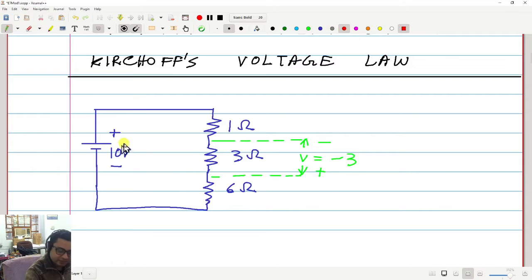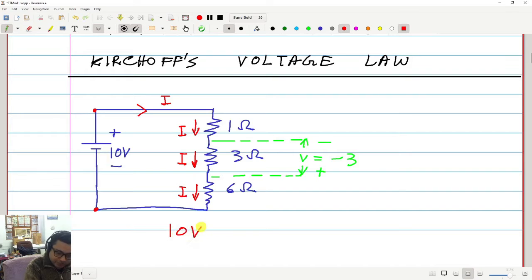Okay, so how did you solve? You might have solved it this way: the same current must flow through all these resistances. If it is I here, the same current I must flow through all the resistances. Then we know from this point to this point there is a 10 volt voltage rise.